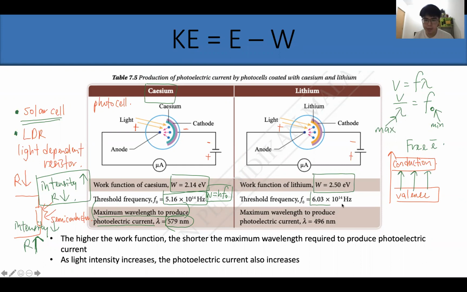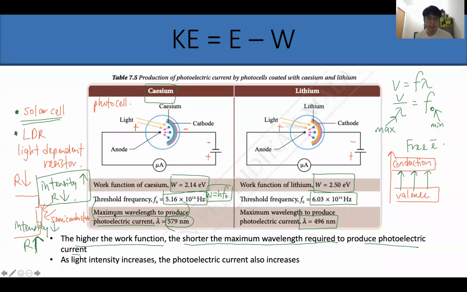The threshold frequency is also higher, but the wavelength is lower than the calcium because of the inverse relationship. So in general, the higher the work function, the shorter the maximum wavelength required to produce photoelectric current.